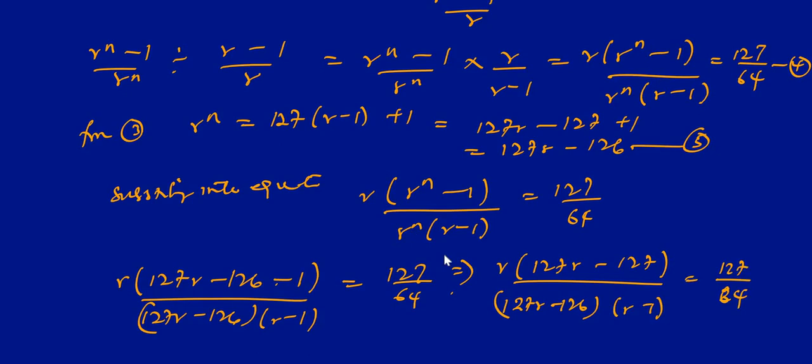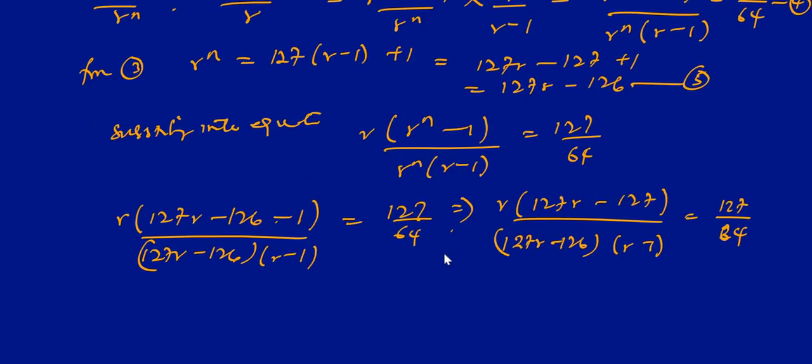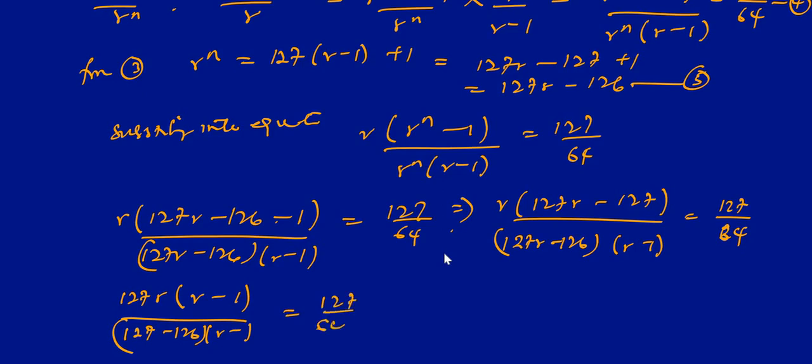Going further, factor out 127: 127R bracket R minus 1 all over 127R minus 126 into R minus 1 equals 127 over 64.